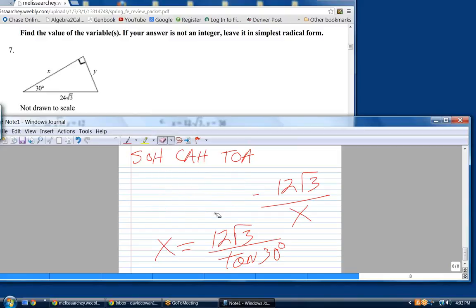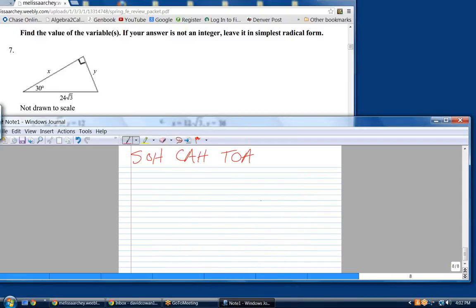Okay. Hold on. I'm going to do it my way. I'm going to draw the unit triangle and compare it to the unit. Okay, my unit has dimensions of this. So I know that my hypotenuse is 2. This hypotenuse is 24 root 3.